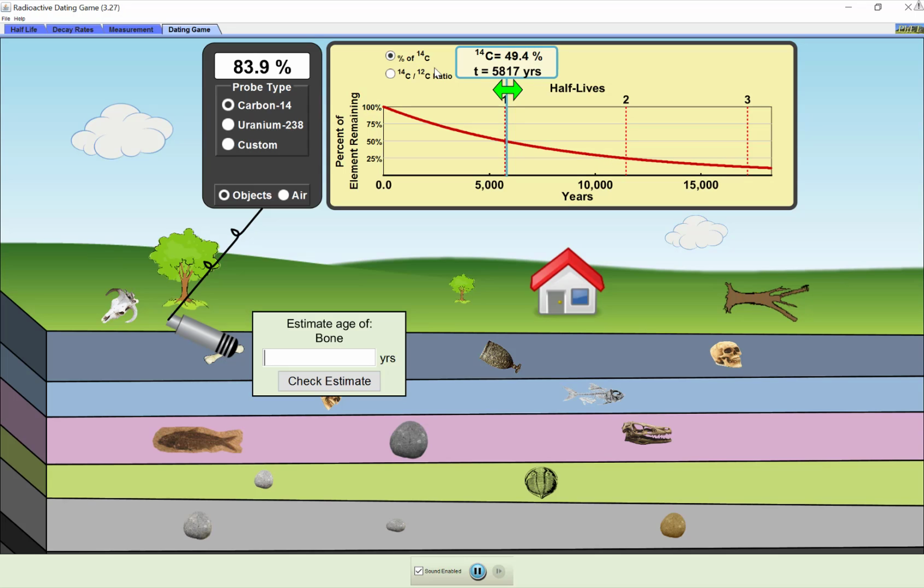So what you're going to do is use the appropriate probe type and this percentage, and then move this slider over to match up this percentage or get it as close as you can. So 83.9, and the closest I can get is either one of these, 83.7 or 84.1. So either one of those is going to be fine. And then all you're going to do is take the age and type it in here.